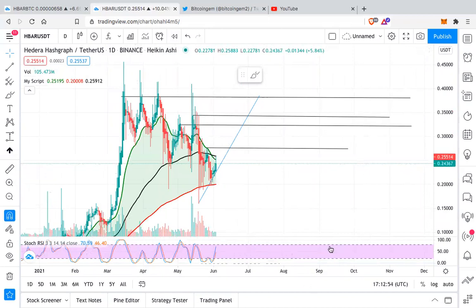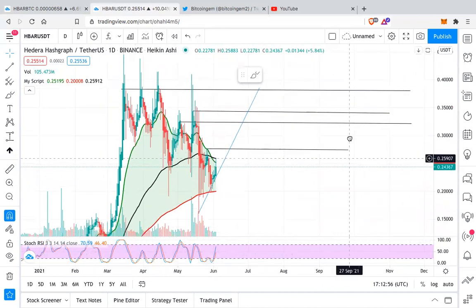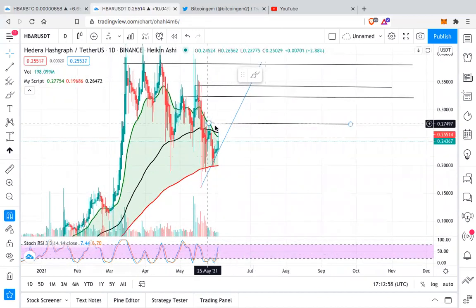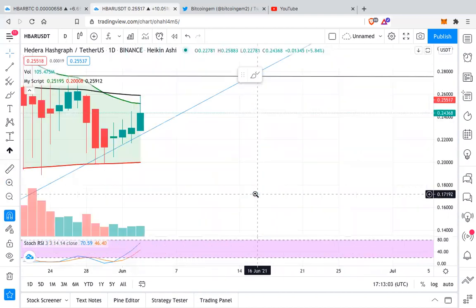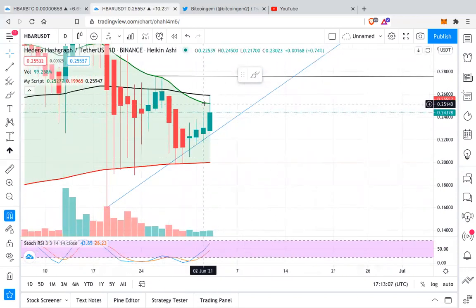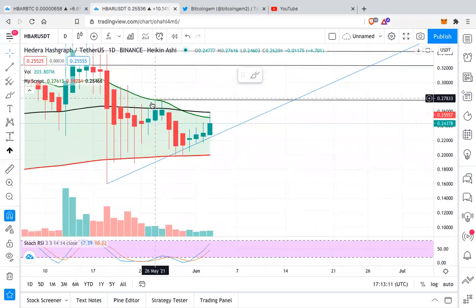But the reason I am sharing this chart with you is not because of its USDT pair, which, if we add the exponential moving averages, is on a daily chart currently getting resisted by the 21 and the 89 moving average. So the green line that you see is the 21 EMA.